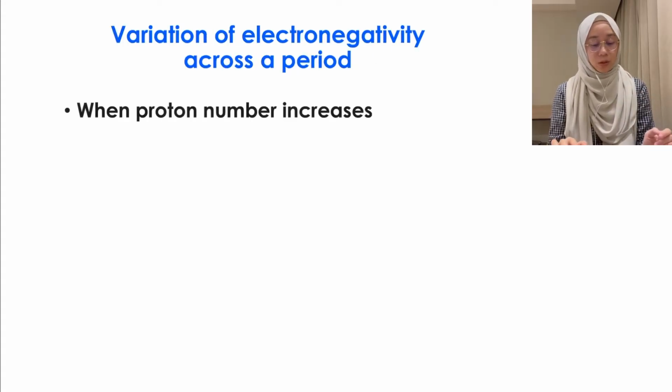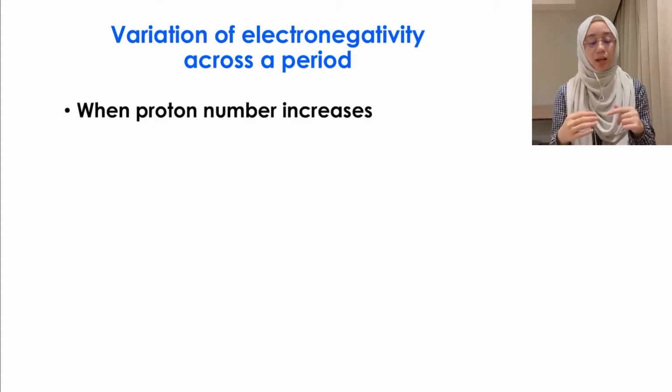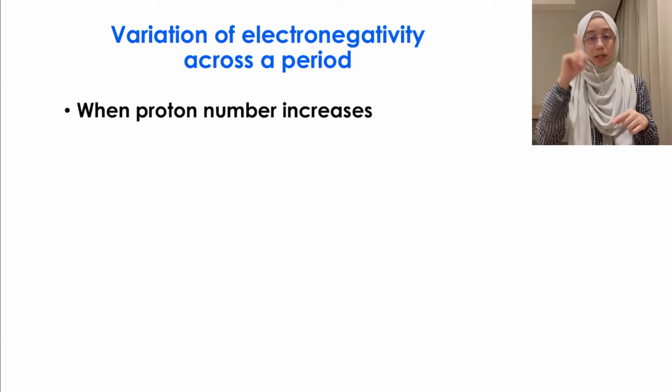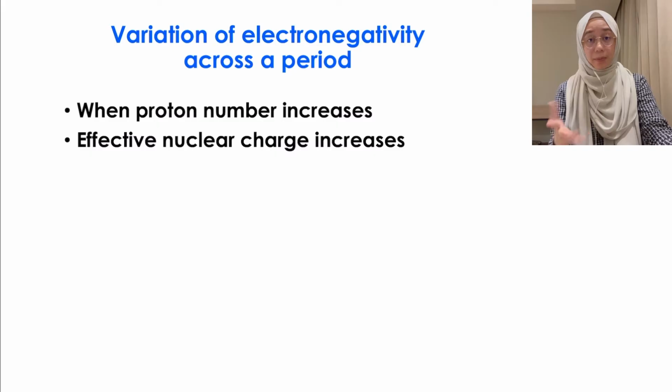So this one we are talking about across a period. You should know by now that across the period, proton number increases, and also the effective nuclear charge increases. This is the Zeff. So what happens next?